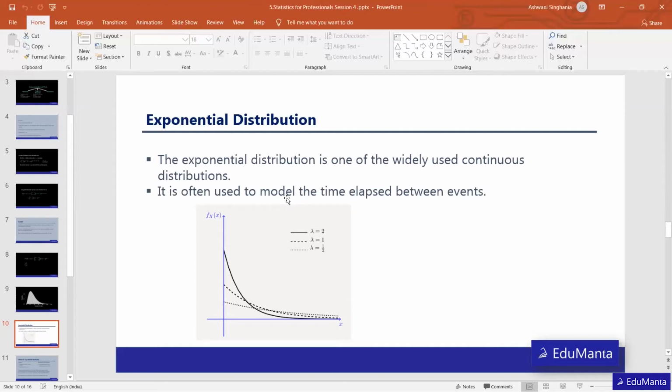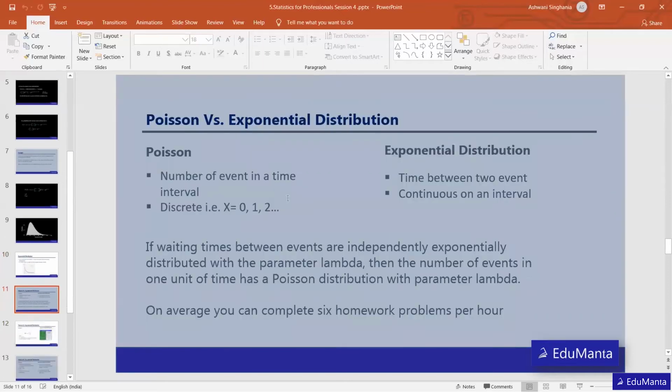So, for example, if you remember the Poisson distribution, let's do a comparative study of the Poisson and exponential distributions over here. The number of events in a time interval was the subject of study in the Poisson distribution, right?